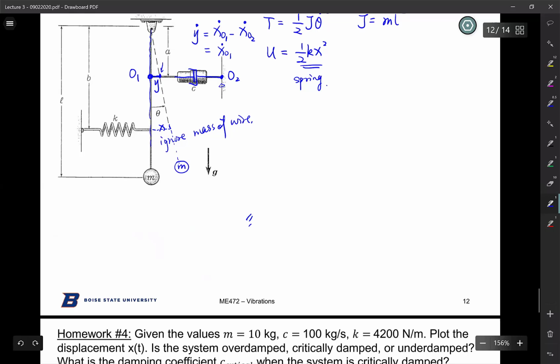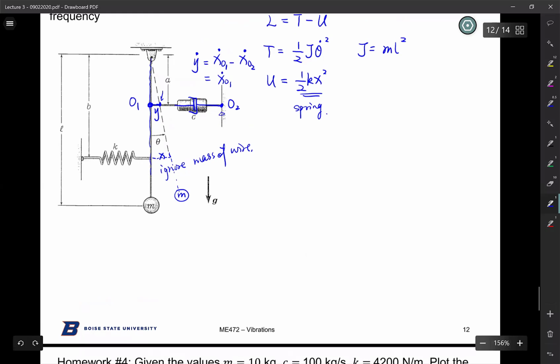Okay. So let's look at this. We have a spring, and then we also have gravity. Because you can pick either point as your reference point, let's pick the lowest as the reference.